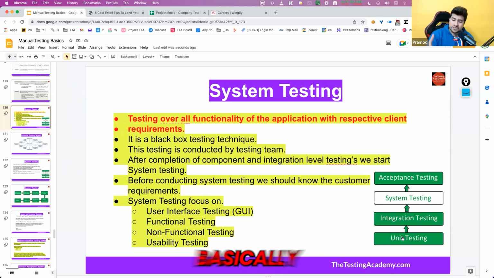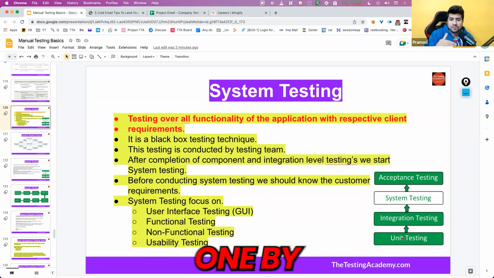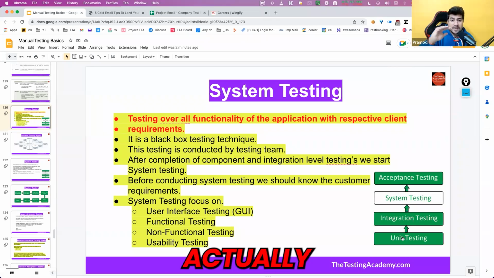After that, the developer combined them using an approach, for example the top-down approach. They combined the modules one by one, incrementally. Now they think my application is ready and let's give it to the QA for system testing. So system testing is the next step after integration.